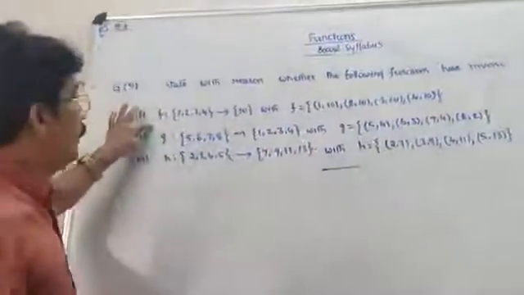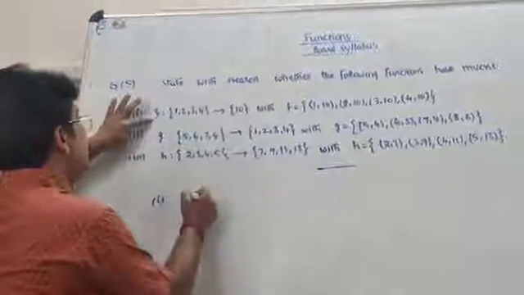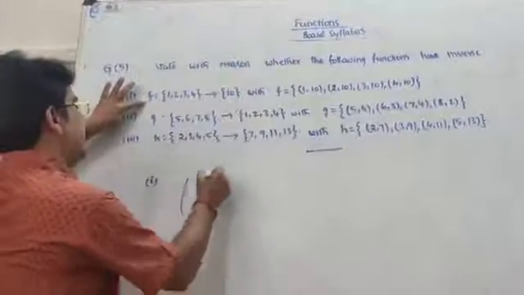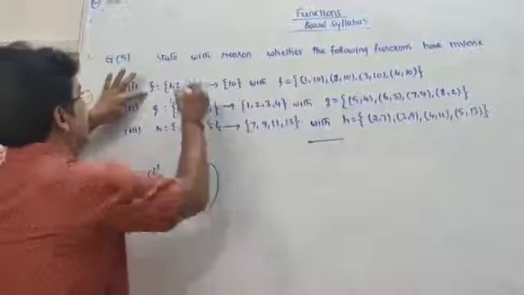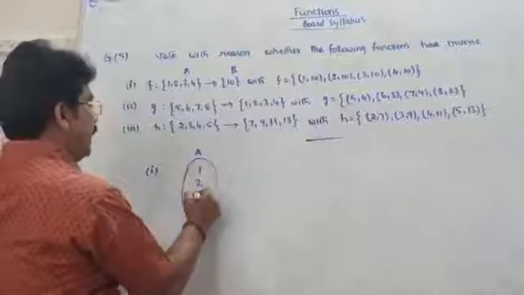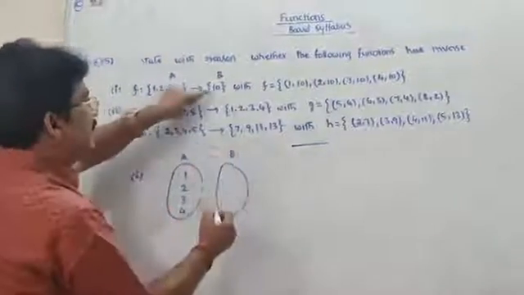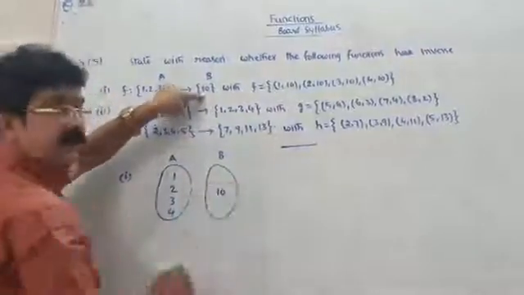In the first question, f has domain, say capital A, which is 1, 2, 3, 4, and capital B is given as the singleton set 10.